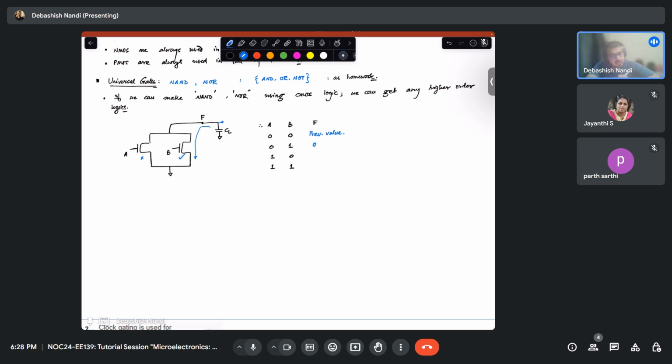So output will be 0. Similarly, 1 0. This will be on. This will be off. Again a path to discharge. So this will be 0. And if both are on, then it gets two paths to discharge. Then it will also be 0.